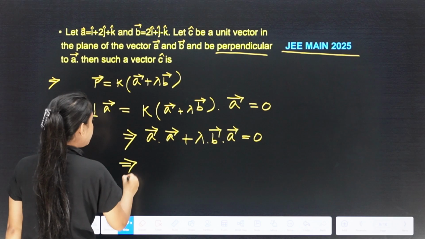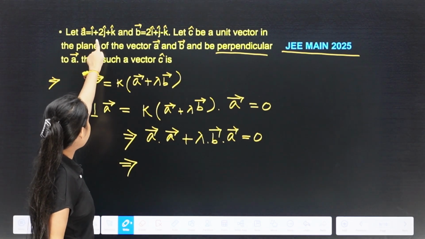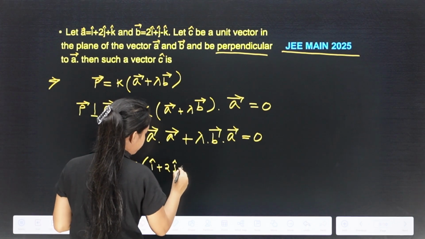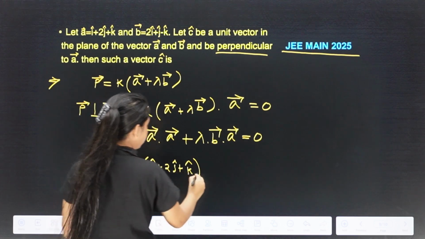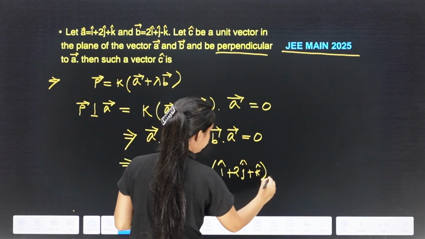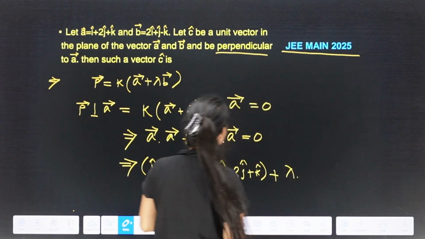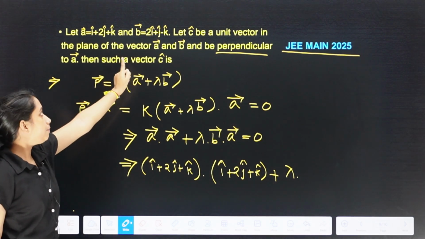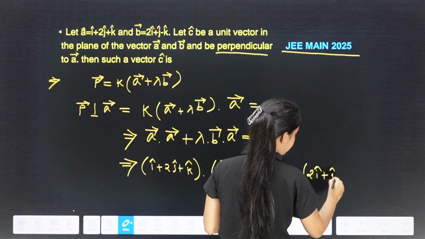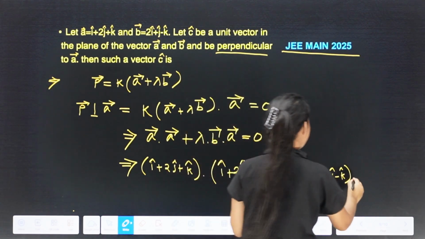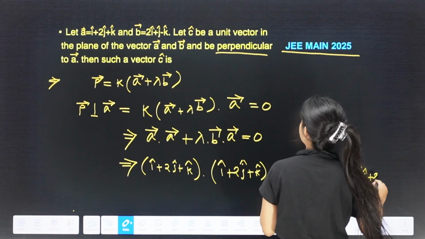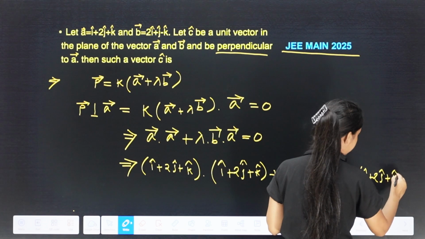And if we put in the vectors, we are given a is i plus 2j plus k, so it would be i plus 2j plus k dot i plus 2j plus k, and here lambda times b, that is 2i plus j minus k, dot a, which is already given as i plus 2j plus k.